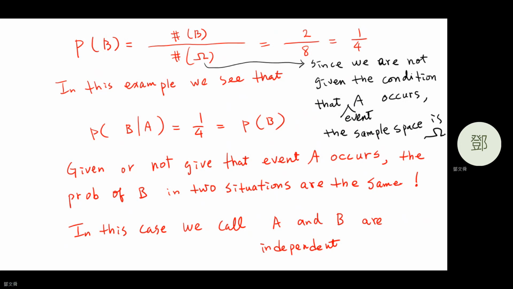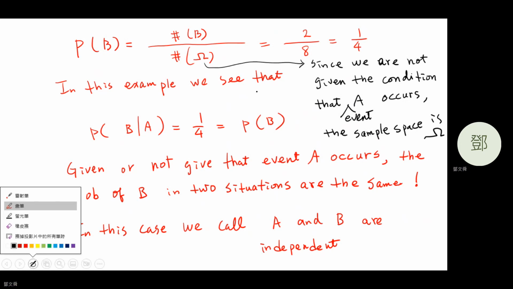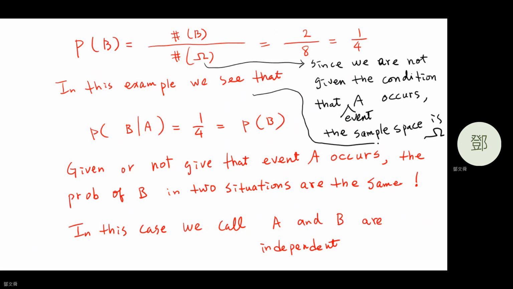Okay? So the probability of B is 1 over 4.